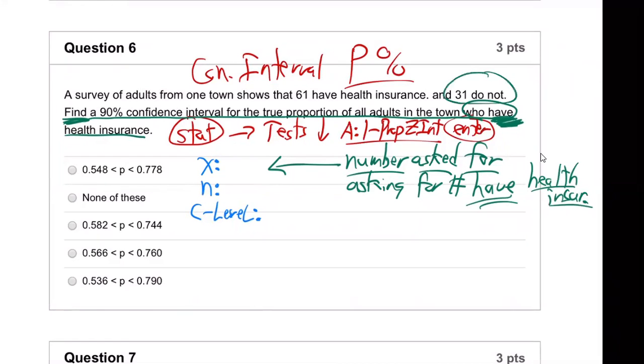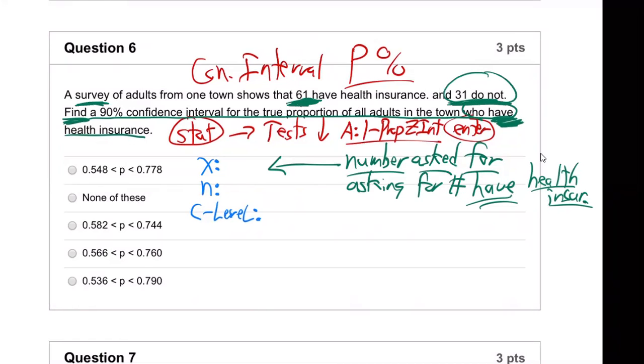See, 31 do not. So they basically surveyed 61 people and said, hey, do you have health insurance? And next person, hey, do you have health insurance? And they would say yes or no, right? They talked to 61 people and asked them, do you have health insurance? Some said yes, some said no. Well, in that survey, 31 did not have health insurance out of the 61.